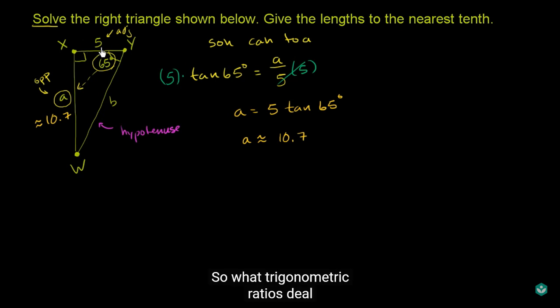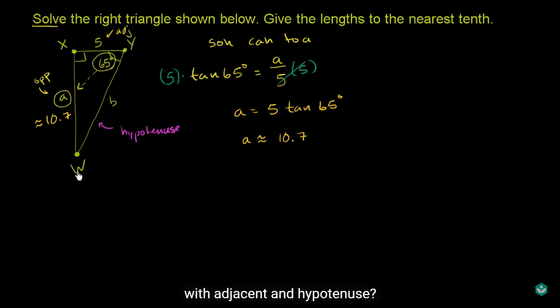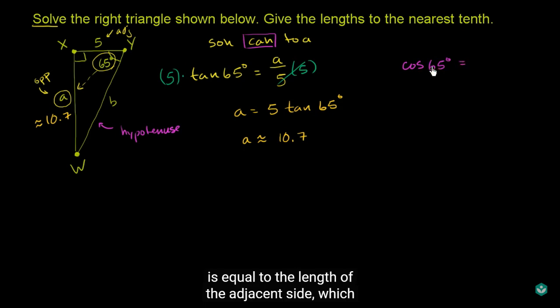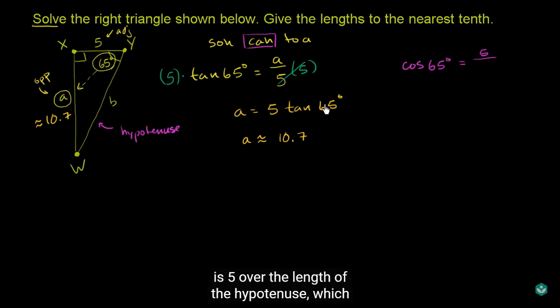So what trigonometric ratios deal with adjacent and hypotenuse? Well, we see from SOHCAHTOA cosine deals with adjacent over hypotenuse. So we could say that the cosine of 65 degrees is equal to the length of the adjacent side, which is 5, over the length of the hypotenuse, which has length B.